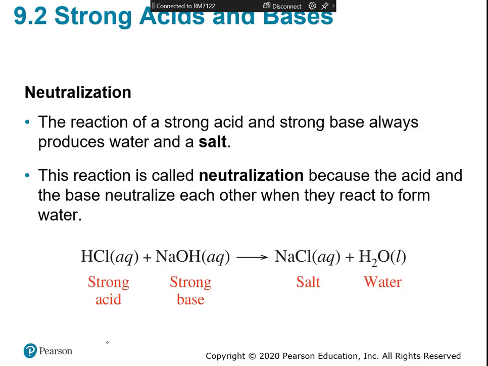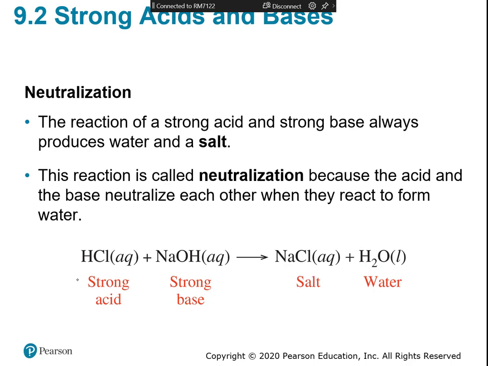Now, if I take a strong acid and a strong base and I add them together, strong acids make those hydrogen ions that are very reactive. Strong bases make those hydroxide ions that are very reactive. Put them together, though, and you end up with a salt and water. And so this one's a great example because hydrochloric acid and sodium hydroxide. So hydrochloric acid is like stomach acid. Sodium hydroxide is like that lye, what we use to make soap.